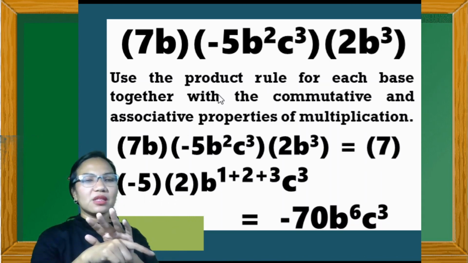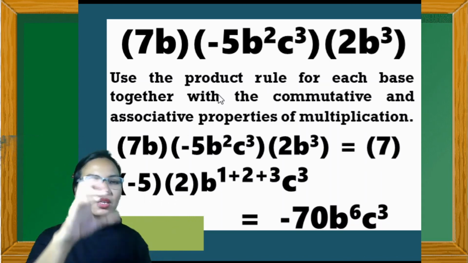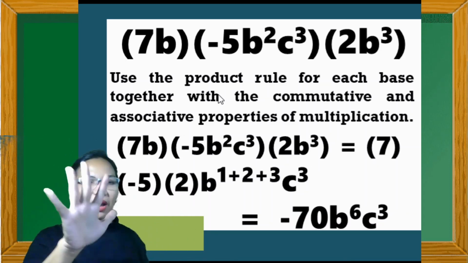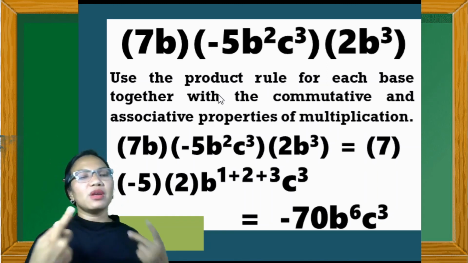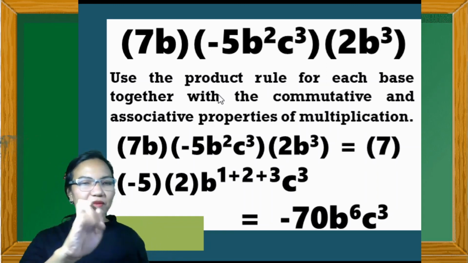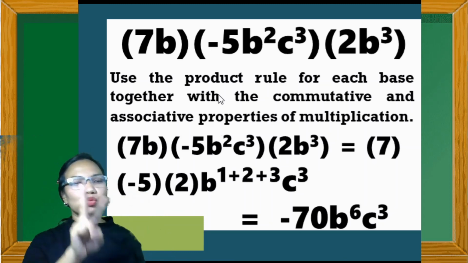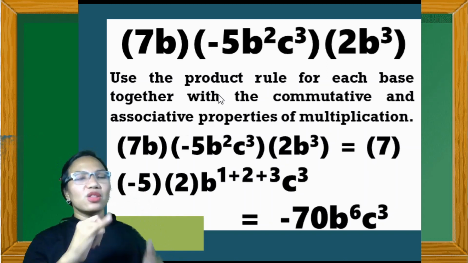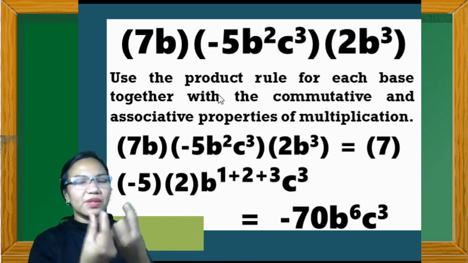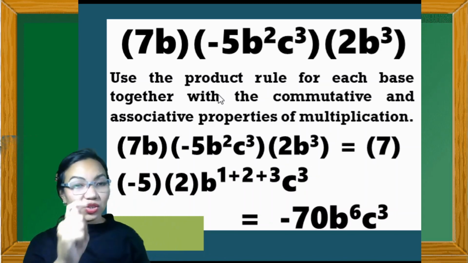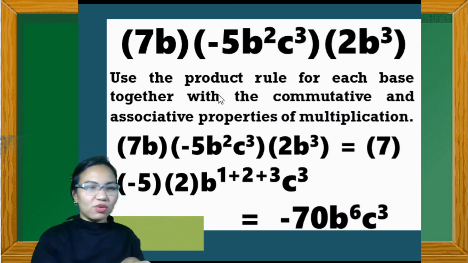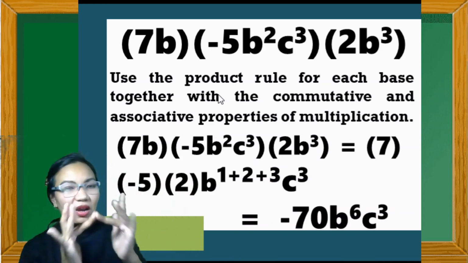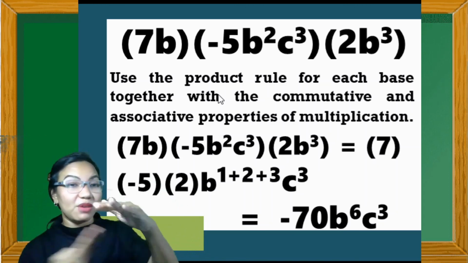We have negative 5b squared c cubed, where the numerical coefficient is negative 5. For 7b, we have 7 as the numerical coefficient. And for 2b, 2 is the numerical coefficient. So we group all the numerical coefficients and also group all the literal coefficients with the same base.